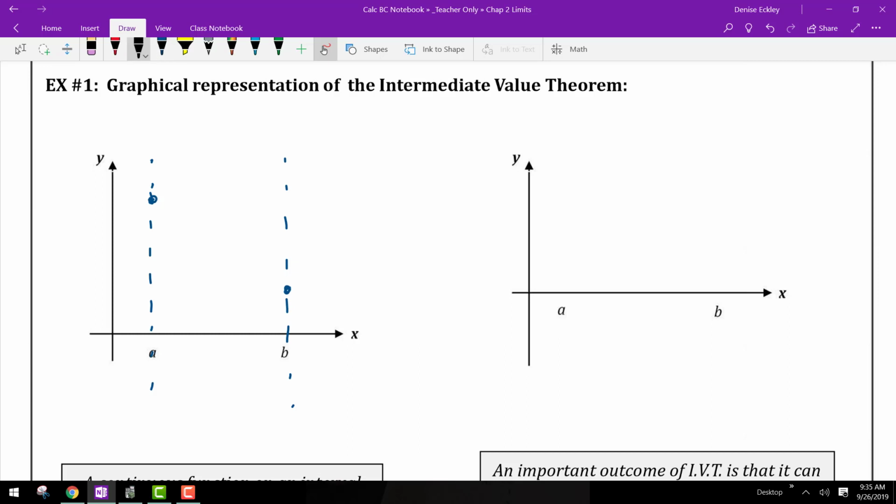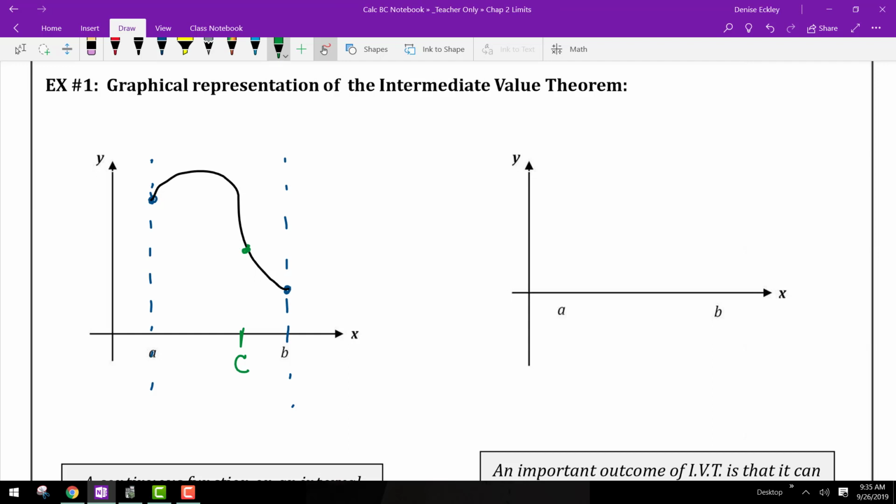So we can draw our curve kind of like this. It doesn't matter, just so it's a continuous curve. And let's locate C right here. Let's call this C. So we have a point on the curve right up here.